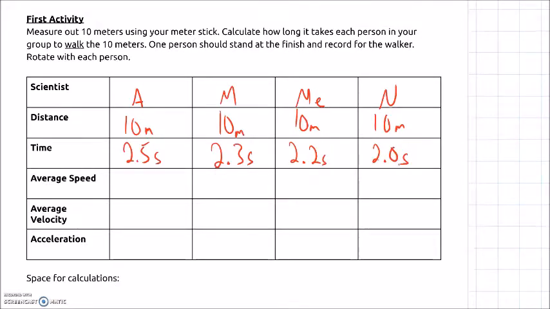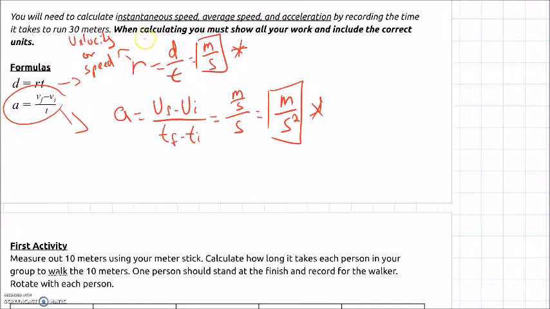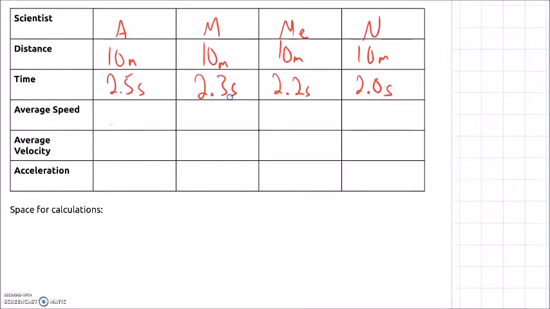What we can then do is calculate our average speed for each one of these trials. All we simply do is divide. If we remember our equation for rate, we've solved for rate or speed up here. Our equation is distance over time.